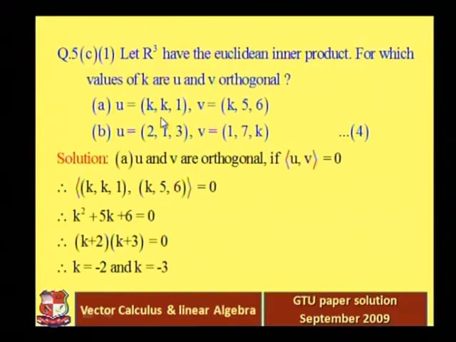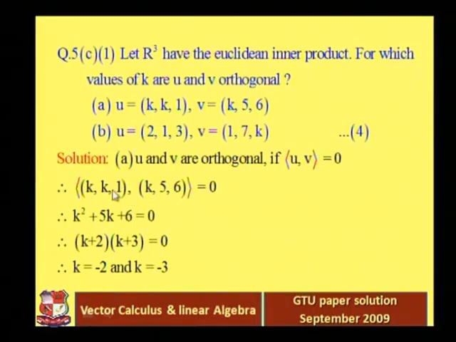5c, first part. Let R3 have the Euclidean inner product. For which values of k are u and v orthogonal, where u is equal to k k 1, v is equal to k 5 6, right? And this is B: 2 1 2 and 1 7 k. So u and v are orthogonal, so definitely u dot v is equal to 0, right? k k 1 dot k 5 6, that is equal to 0.